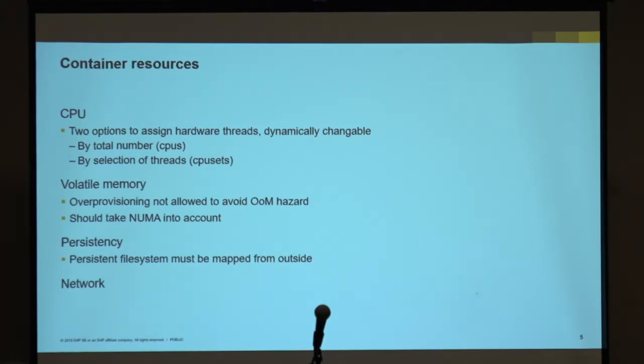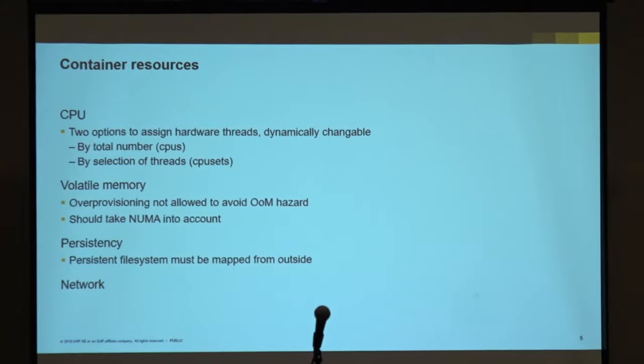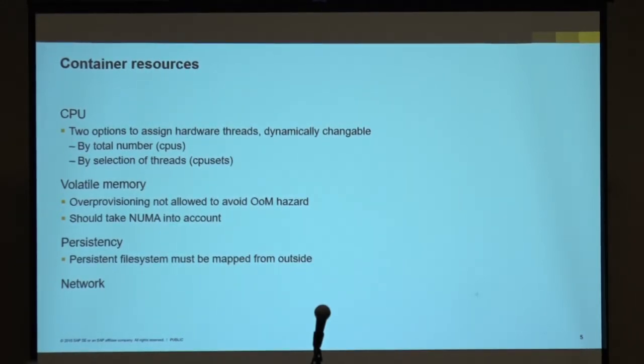That's CPU sets. So you give a list of the hardware threads that the container is allowed to use, and then the container engine or the operating system take care of scheduling the container on those CPUs. All these resources are nowadays possible to change dynamically during the runtime of a container.